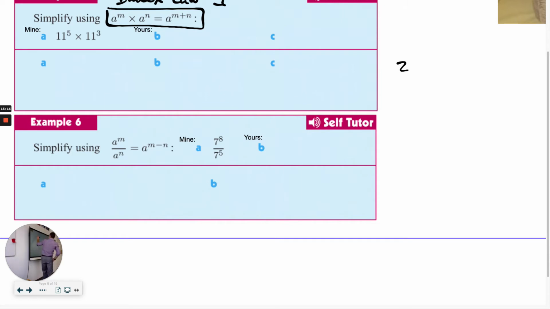If you have 3 twos and I'm multiplying by 2 to the 4th, I'd like to squish them together. 2 to the 3rd really is 2 times 2 times 2, and this is 4 of them, 2 times 2 times 2 times 2, being multiplied together. So instead of writing all those twos, crunch them together and call it 2 to the 7, because I've got 3 there and 4 more there. Everybody's being multiplied, so you can call it 2 to the 7, which is really 2 to the 3 plus 4.